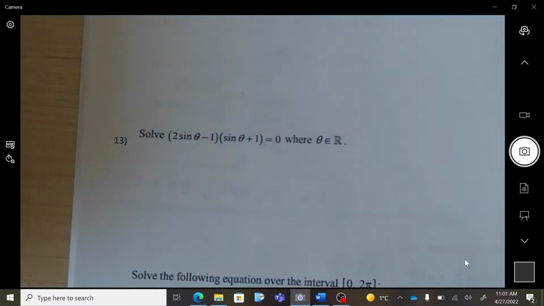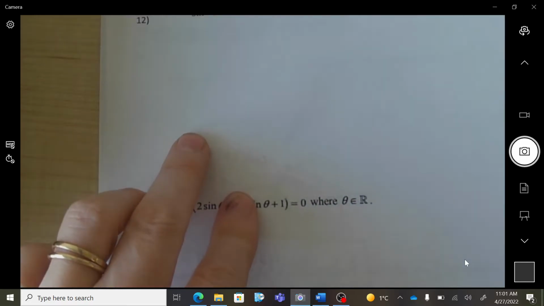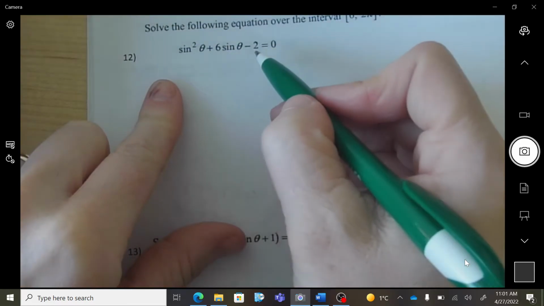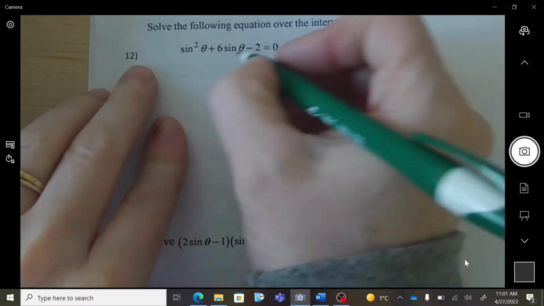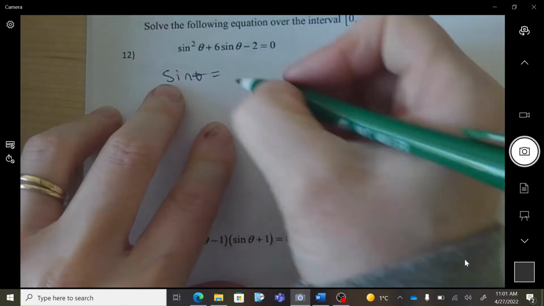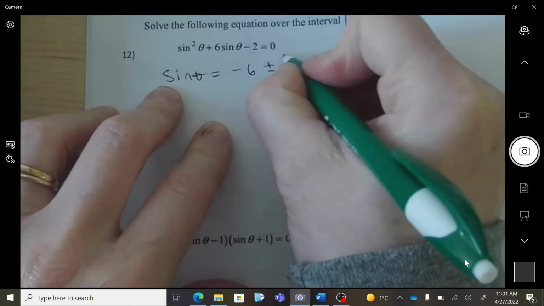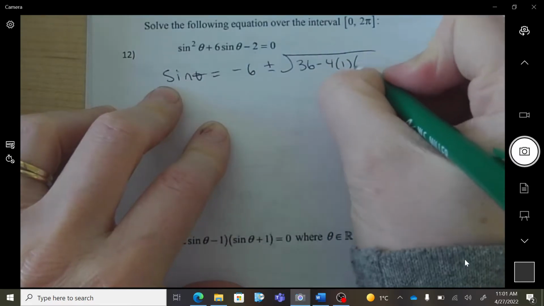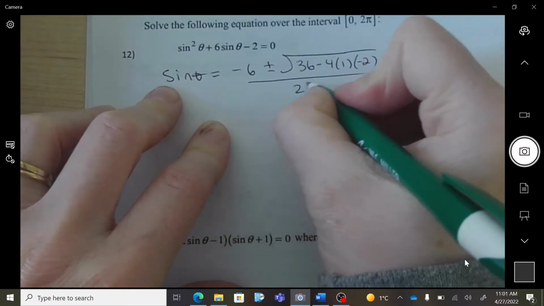Number 12, solve over the interval. Okay, so if I try to factor this, 2 times 1, it's not going to get me 6, so I'm going to have to go with the quadratic formula. So -b plus or minus the square root of b squared minus 4ac all over 2a.